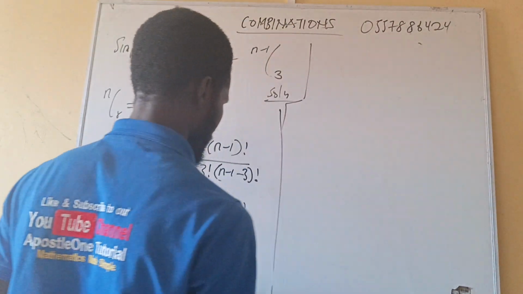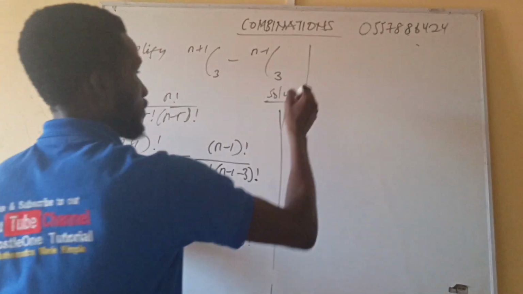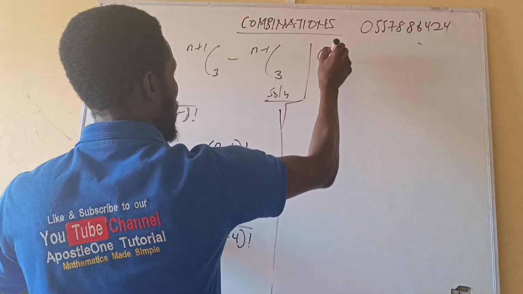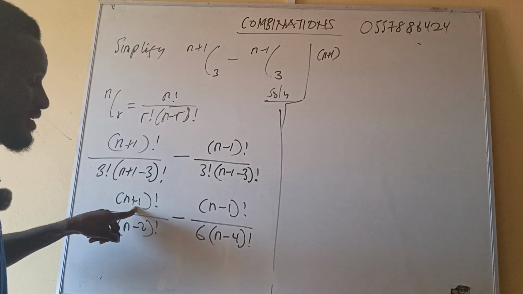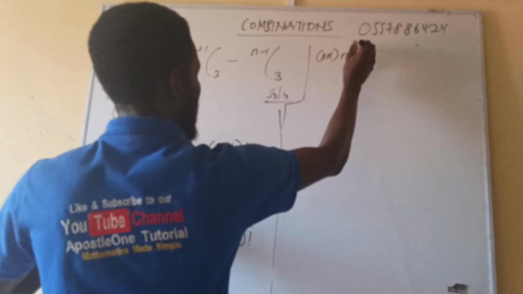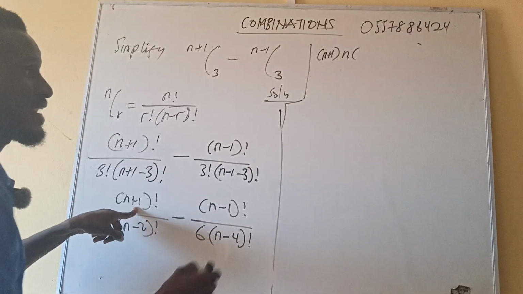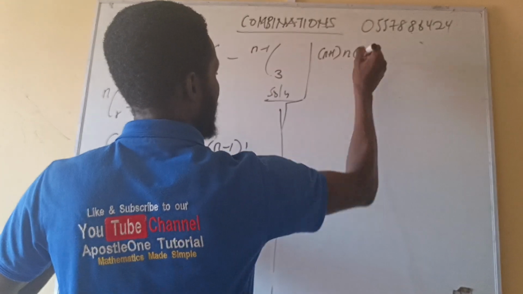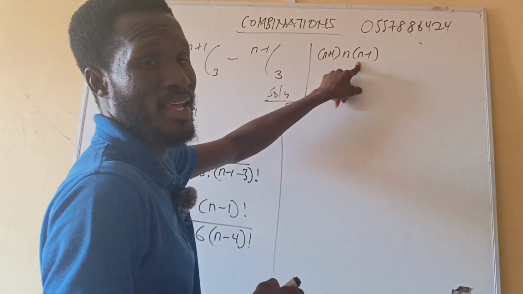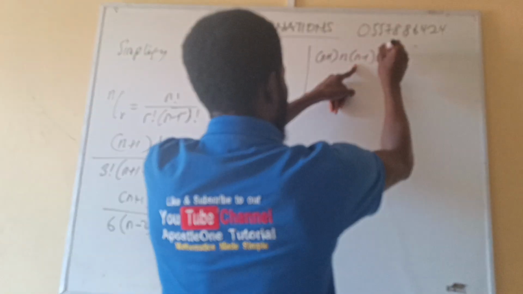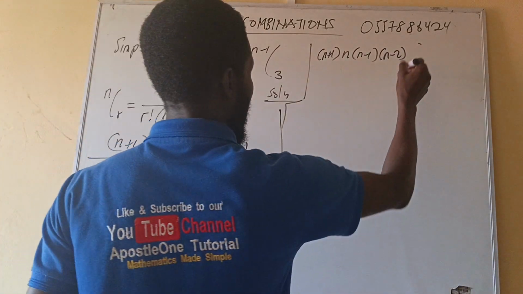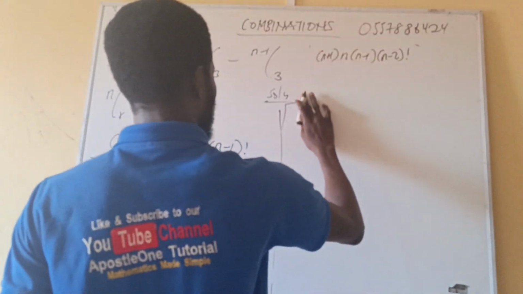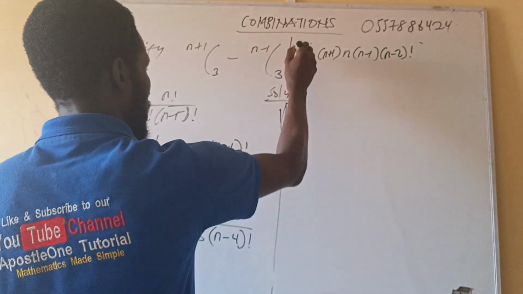So I'm going to have the n factorial, which is n plus 1, and then I'll reduce this by 1. n plus 1 minus 1 will give us n, minus another 1 will give us n minus 1. This n minus 1 minus another 1 will give us n minus 2. I want to end here because I have n minus 2 here. So I'm going to end here, n minus 2 factorial.